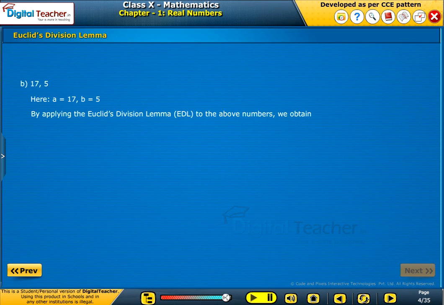Thus, by applying Euclid's division lemma, EDL, to the above numbers, we know that A is equal to BQ plus R. So when 17 is divided by 5, we obtain quotient Q as 3 and remainder R equal to 2. Substituting the obtained values of Q and R in the above expression, we obtain both LHS and RHS equal.